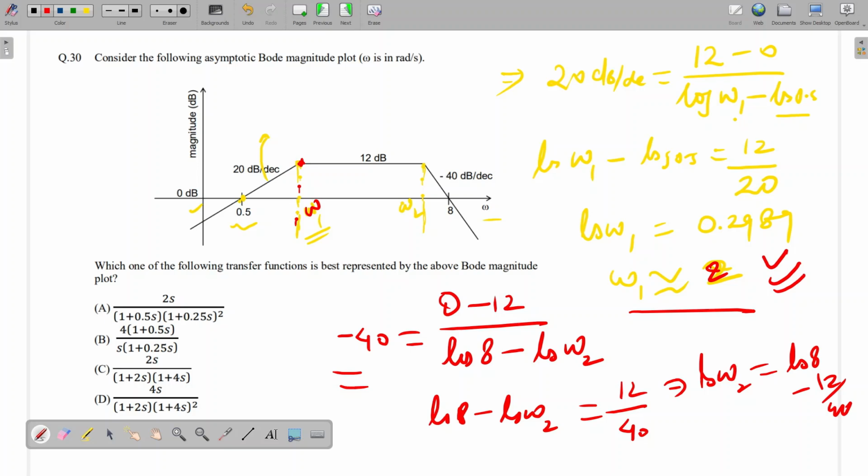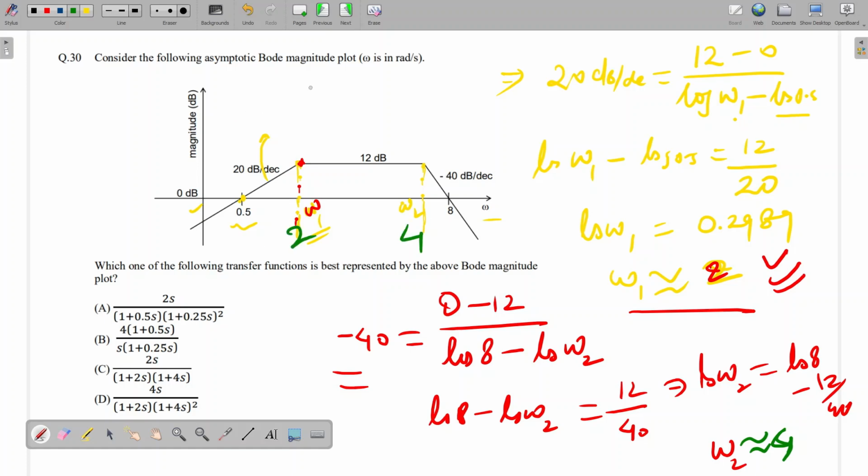How much are we getting? 0.603. So 10 to the power 0.603, we are getting 4. So omega 2 will be equal to 4. Now we got the values: this is 2 and this is 4.